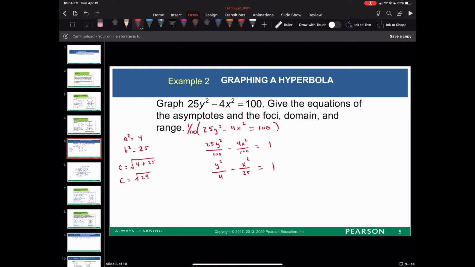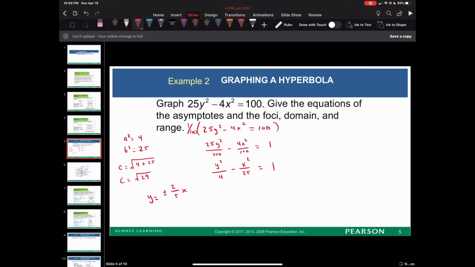So it's going to be y is equal to plus or minus 2 over 5x. So our slope is going to be 2 over 5, times x.